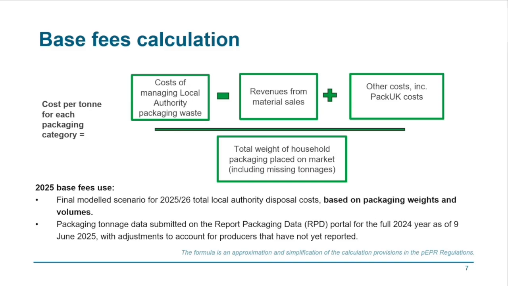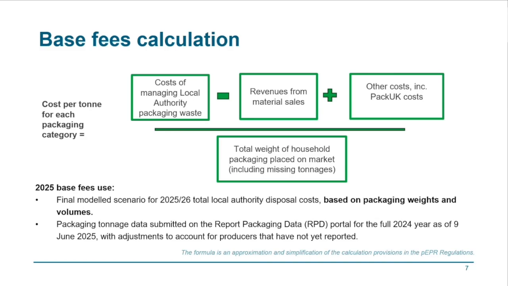We then subtract off the revenues made from selling these materials in order to get a net cost. And then finally added to that are some other additional costs, such as running costs for PackUK. All of that gives us a total amount of money that we need for EPR, and then that's divided by the weight of packaging placed on the market as reported to the Report Packaging Data portal, and therefore the total costs are split proportionally amongst the different materials.